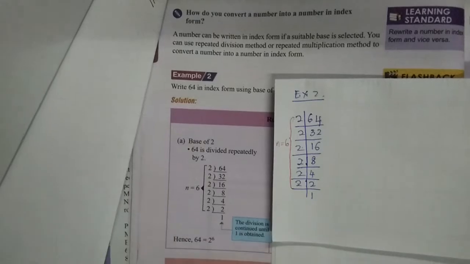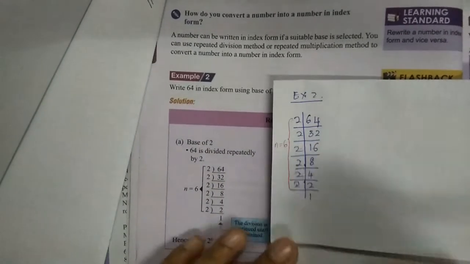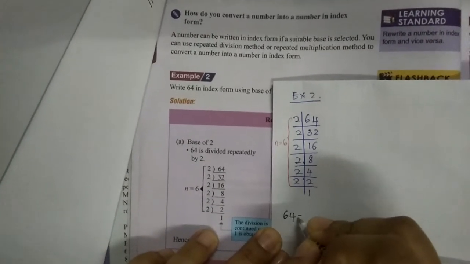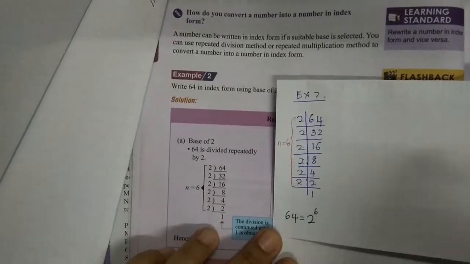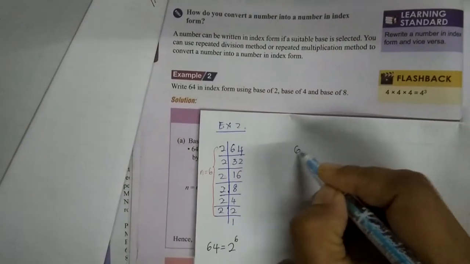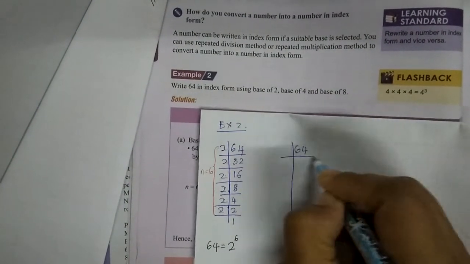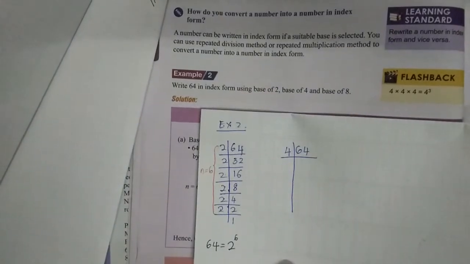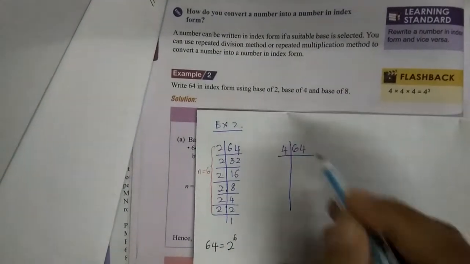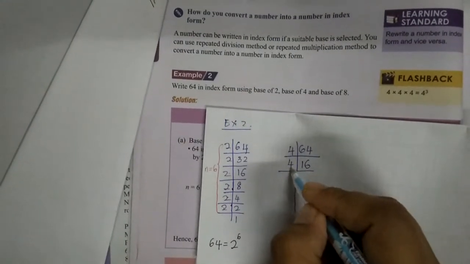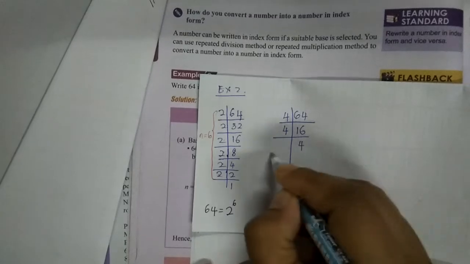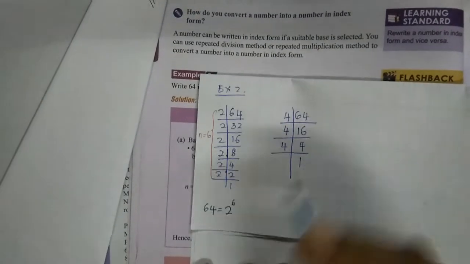So in index form, 64 equals 2 to the power of 6. Okay, this is base 2. If 64 is written in base 4: 64 divided by 4, 16. 16 divided by 4, 4. 4 divided by 4, 1.